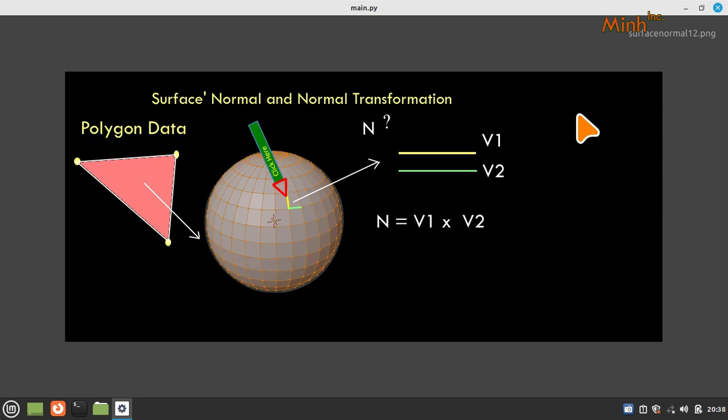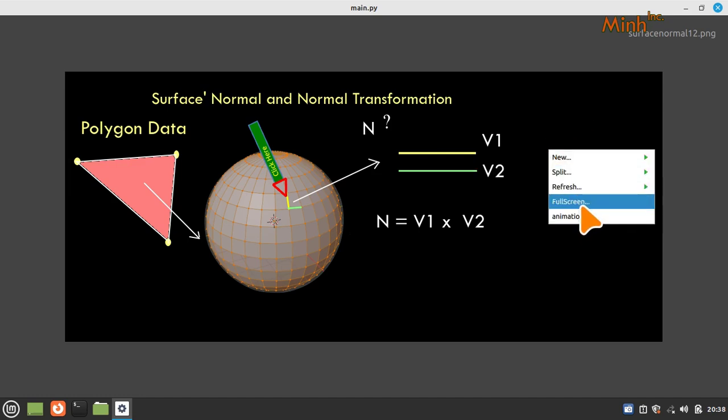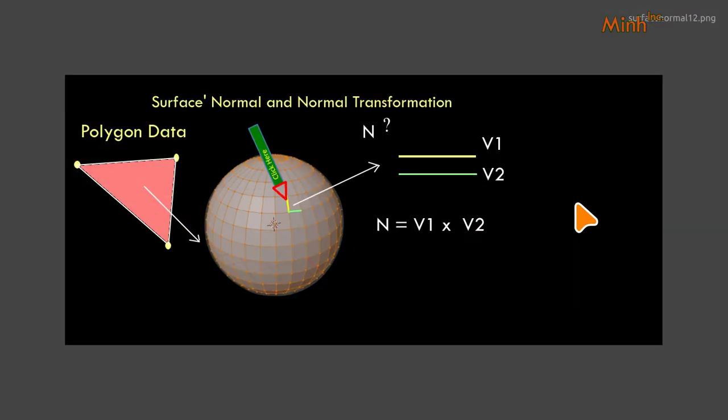Can we see this quad? Is it better now? This is the yellow line and this is the green line. So this quad, we are talking about these vertices.